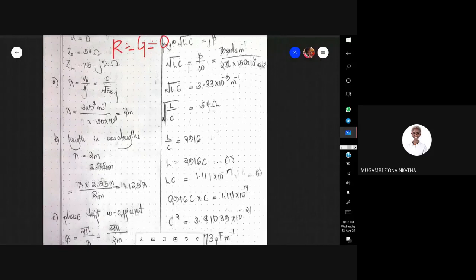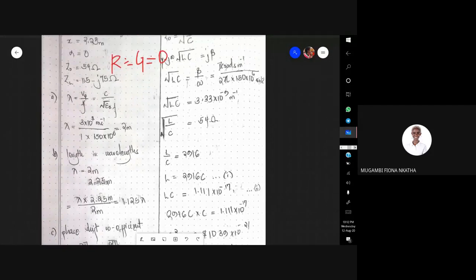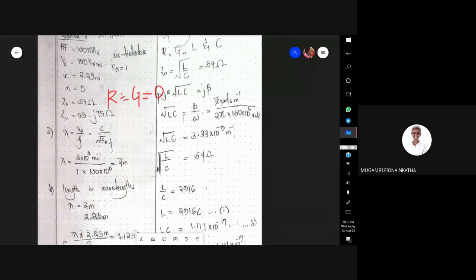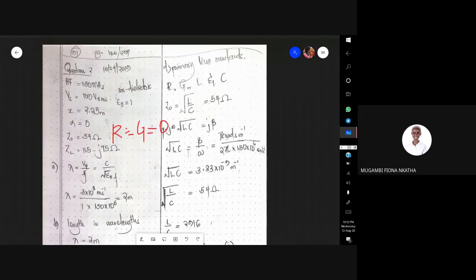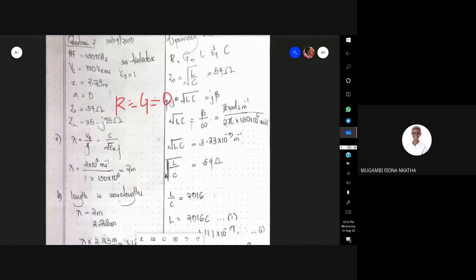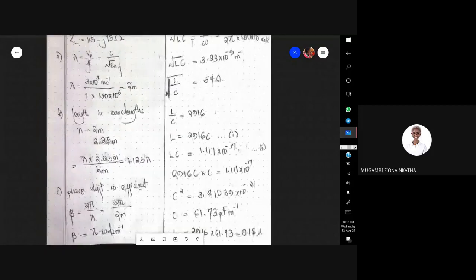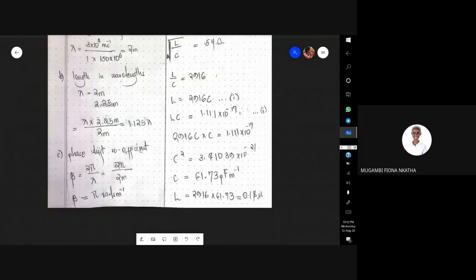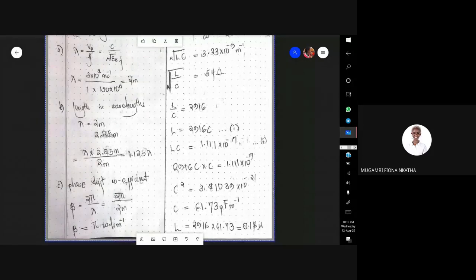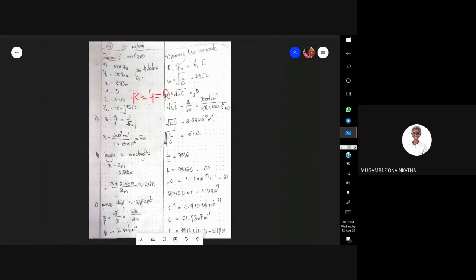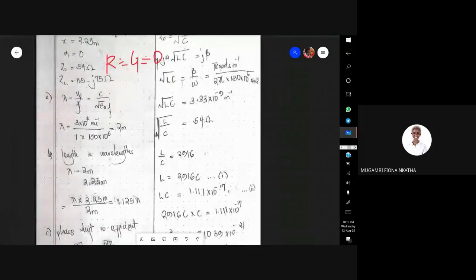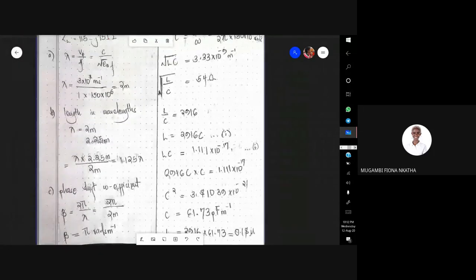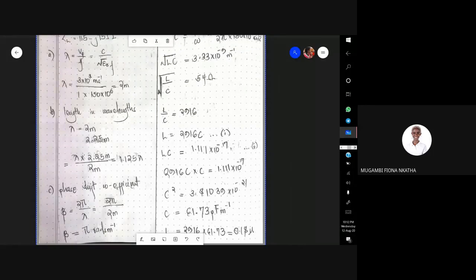So now we go to length in wavelengths. We were already told our length is 2.25 meters, so they just want us to convert these 2.25 meters to wavelengths. And we know one wavelength is 2 meters.